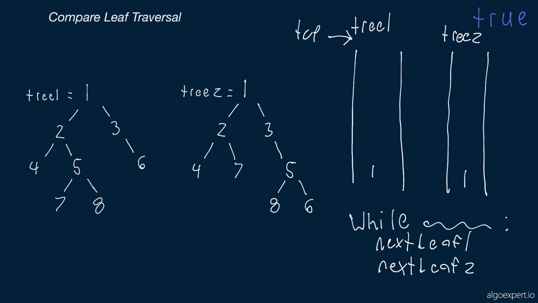So we will call some function. This function takes in these stacks, and then it starts performing the pre-order traversal. And as soon as we find a leaf node, we'll return that leaf node to both of these variables here, and then we'll use these values to check if these leaf nodes are the same. Okay, so next leaf 1 and next leaf 2. Next leaf 1 will start by looking for the next leaf in tree 1. And so what that means is we look at this stack right here.